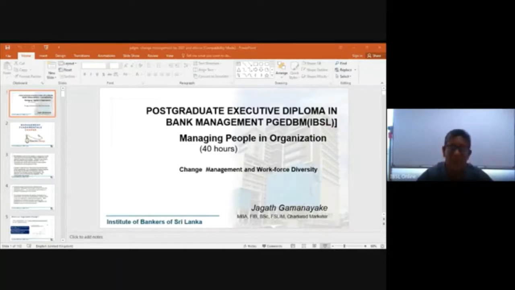Rational resistance occurs when people do not have the proper knowledge or information to evaluate the change. So we don't have some information about why organizations want to change, and they don't have an idea, therefore they resist. Then when people are provided with relevant information in the form of data or facts, the resistance decreases and they become more open to change.